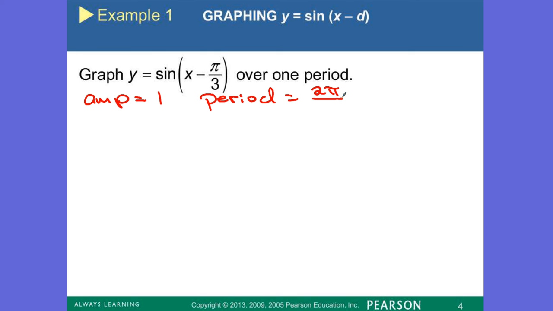My variable is x. What's the coefficient? There's no number there, but there's always a 1 there. So it's going to be 1, so it's going to be 2 pi. My period is going to be 2 pi.